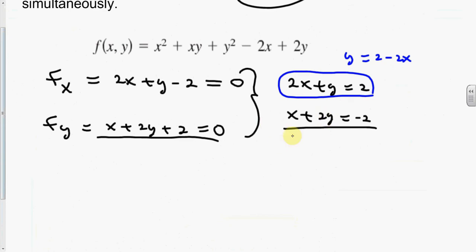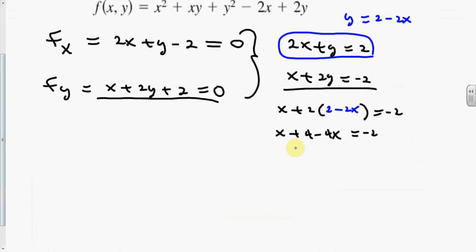Substitute that. So I get x plus 2 times (2 minus 2x) is equal to negative 2. Solve for x here. x plus 4 minus 4x is equal to negative 2. So here we get negative 3x is equal to negative 6. x is equal to 2.